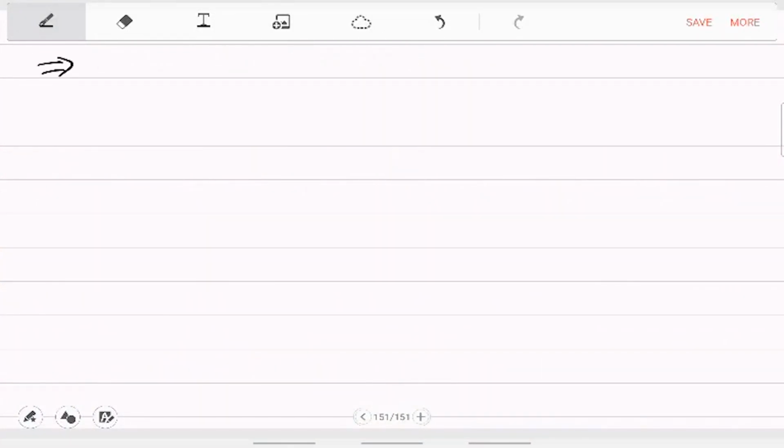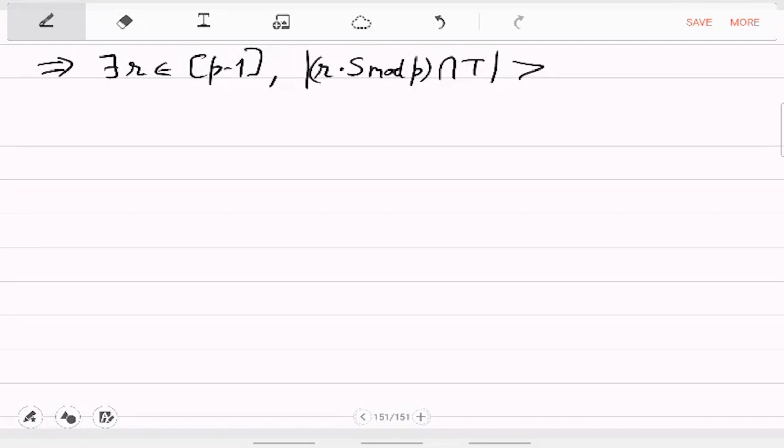So this implies that there exists an R from 1 to P minus 1, there exists a transformation such that RS mod P intersection T is large, and RS mod P intersection T is sum free.